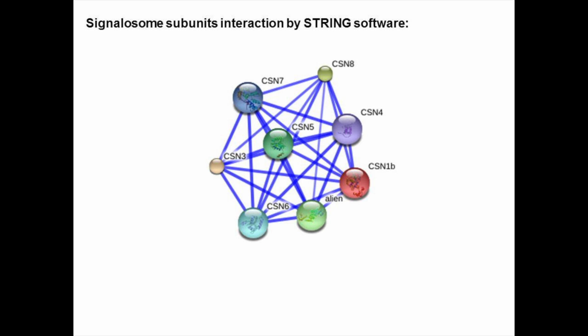CSN1B, 4, 8, 7, 5, 3, 6, and this one is called alien in Drosophila. These all interact with each other.